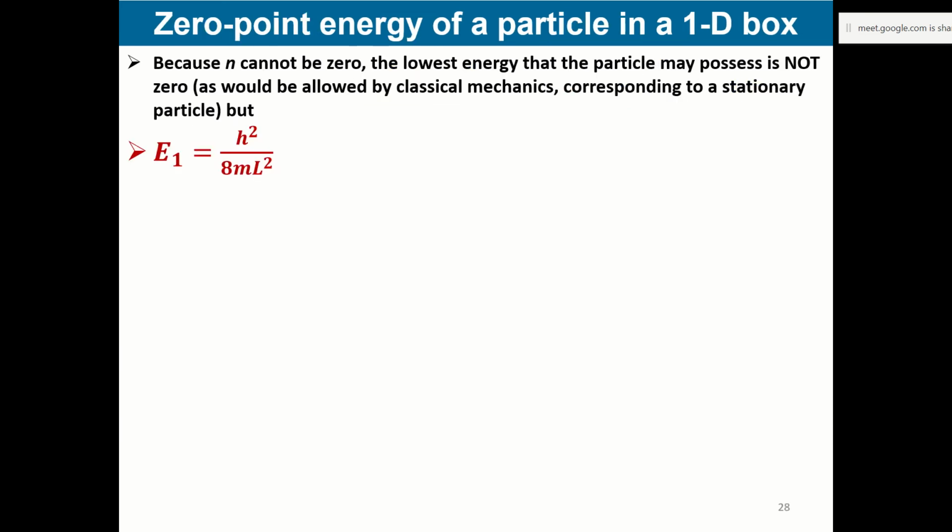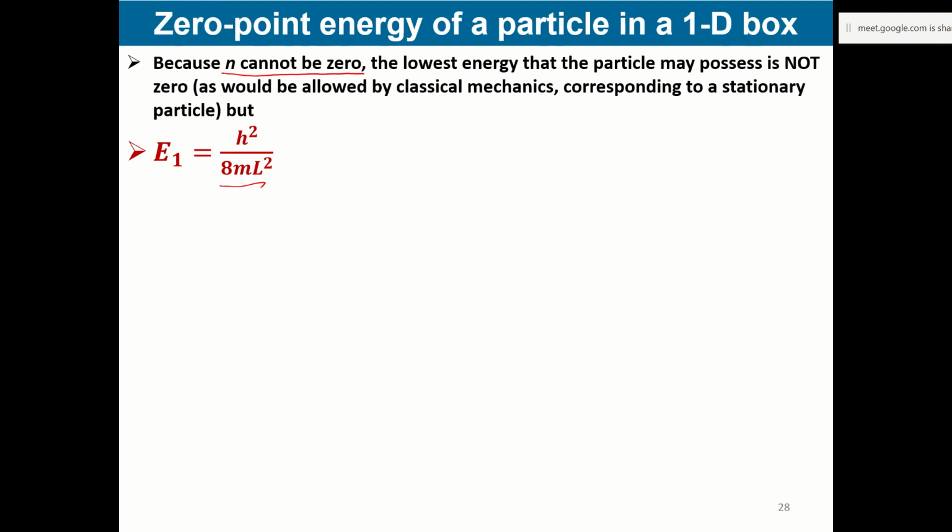And the lowest possible energy: n cannot be zero, as we discussed previously, and that means the lowest possible energy is h square by 8 m l square. This is the minimum amount of energy that will always remain with the system.